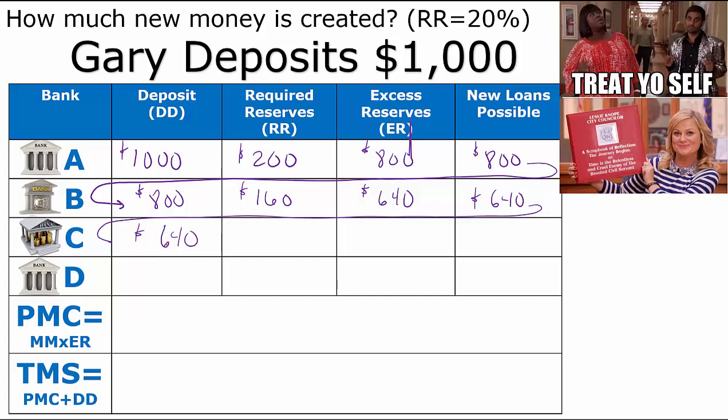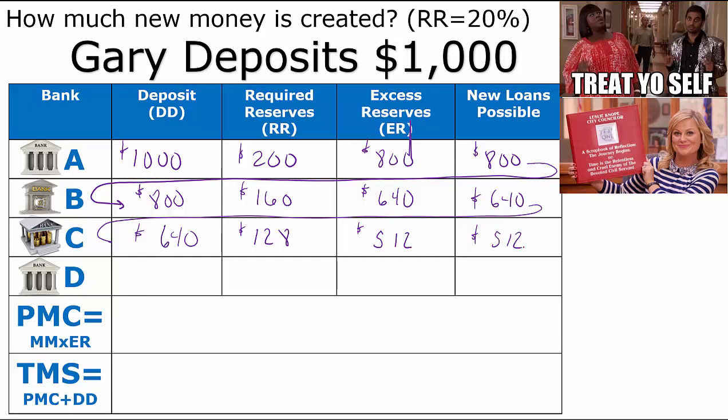So the required reserves on a $640 deposit is $128. That means, and I'm going to use my calculator, I don't want to screw this up, 640 minus 128 equals 512. So that's how much can be loaned out.